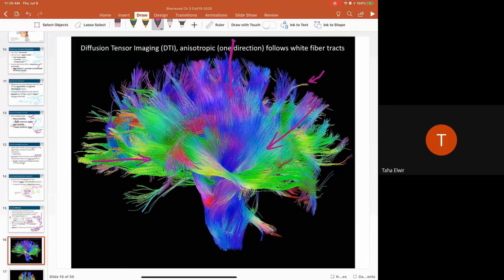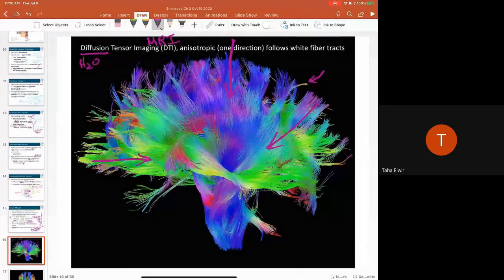The axons are going to different destinations or coming from different locations. And what they're doing is looking at the diffusion of water around those axonal planes. So they've taken an MRI machine and now they've programmed it so that it will be able to look at the diffusion of water.